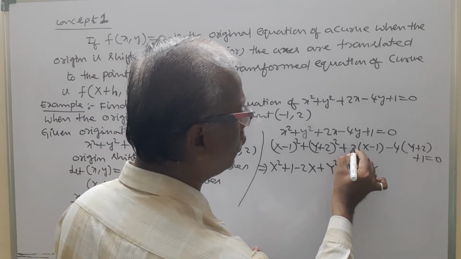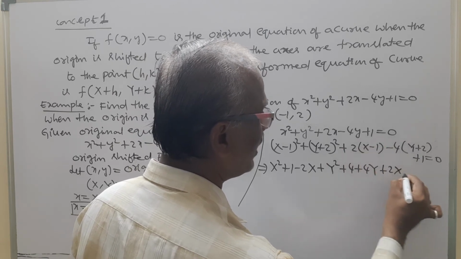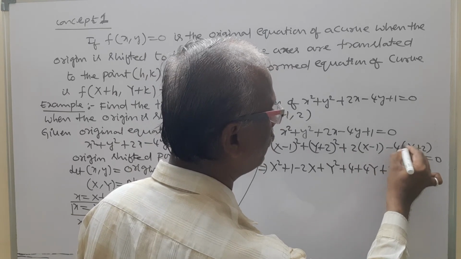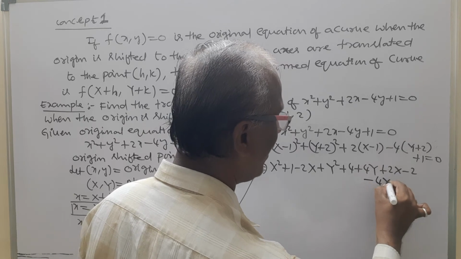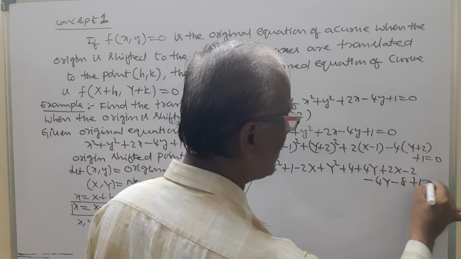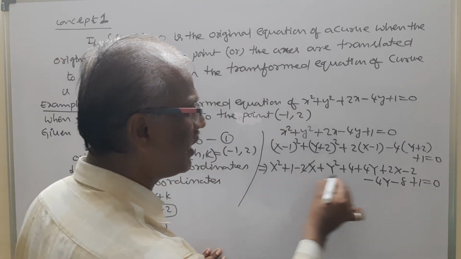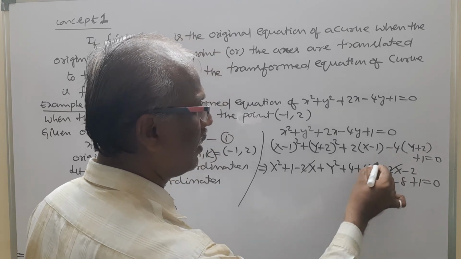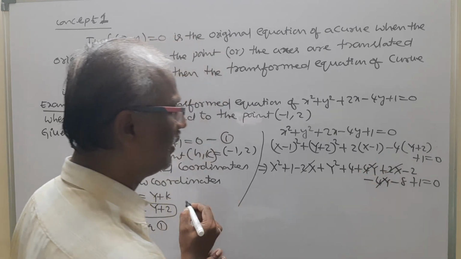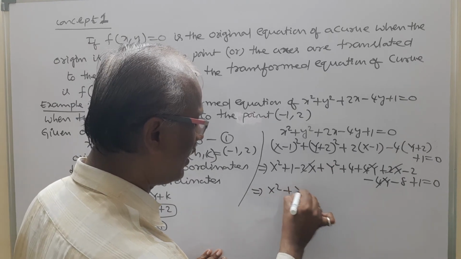Here multiply with 2. 2 into x, 2x. 2 into minus 1, minus 2. Multiply with 4: minus 4y, minus 4 into 2, minus 8, plus 1 equal to 0. Here observe that minus 2x plus 2x get cancelled, plus 4y minus 4y get cancelled. X square plus y square.